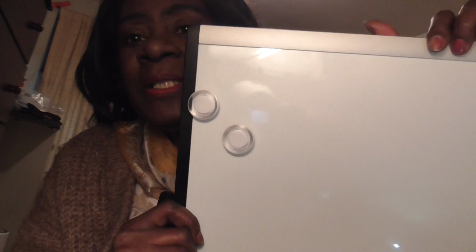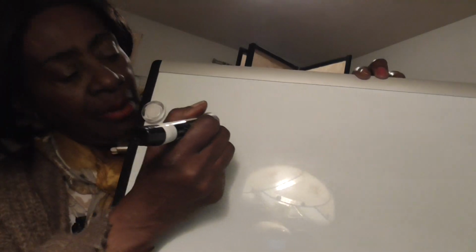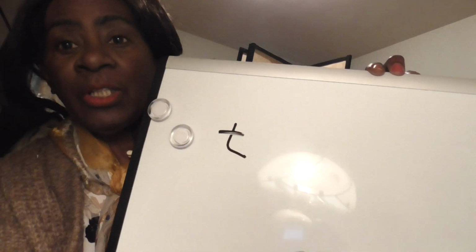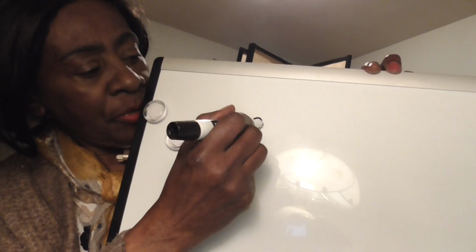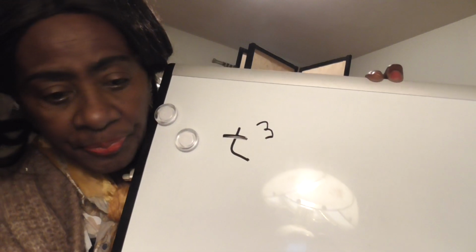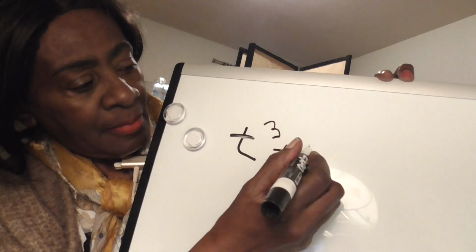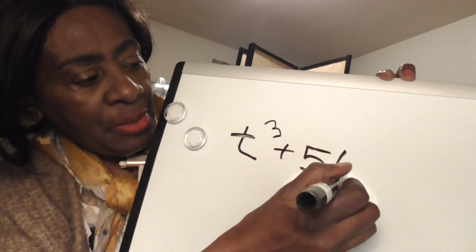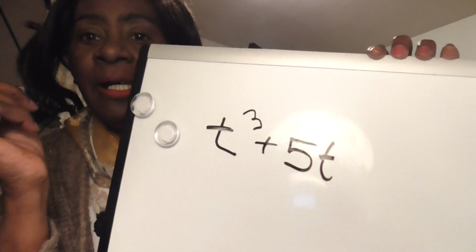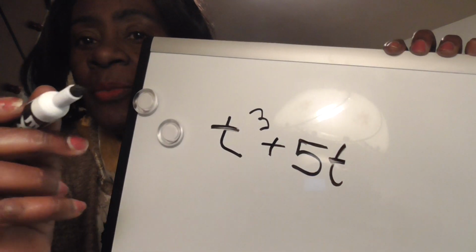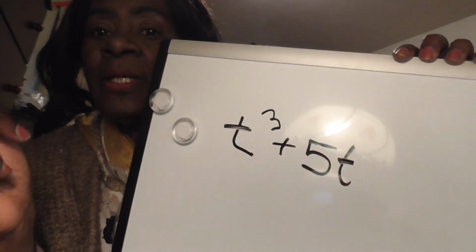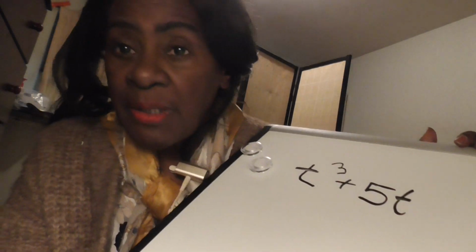Today, I ran across an interesting example. I'm going to write it out for you. I'm going to use a variable t to the third, plus, and then we're going to multiply. As you know, in algebra, we don't put an x because sometimes an x is used as a variable.